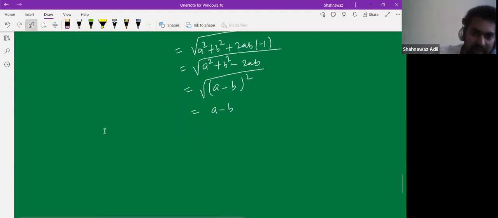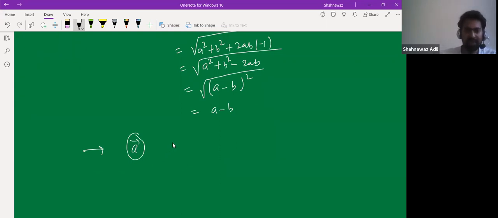Let's recall one more thing: if you have a vector and I write the opposite vector, which has the same magnitude but the direction is directly opposite, that will be minus a vector.